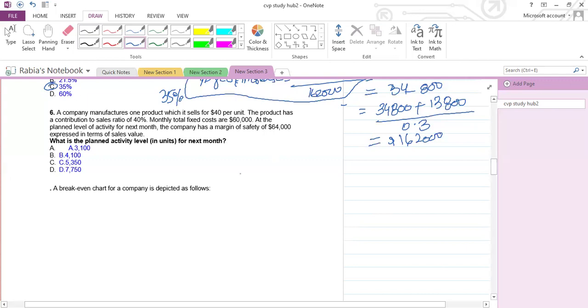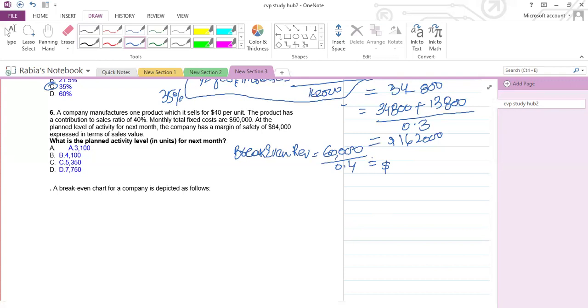You will calculate your break-even revenue first. Break-even revenue is equal to 60,000 divided by 0.4. You will get your break-even revenue, that is 1,50,000.